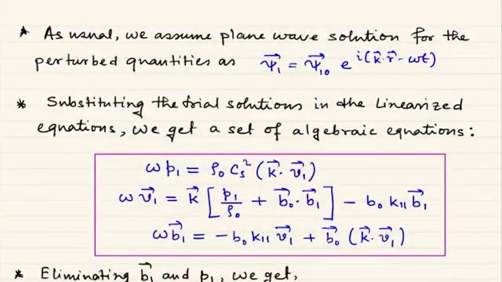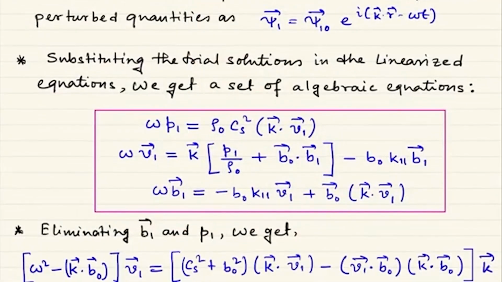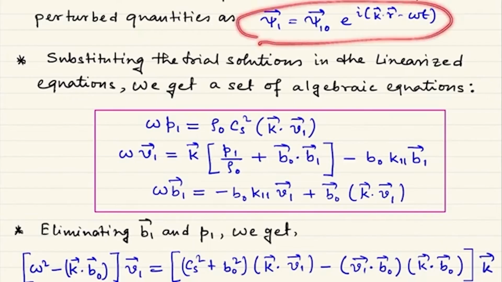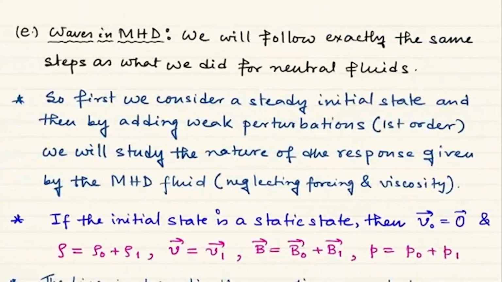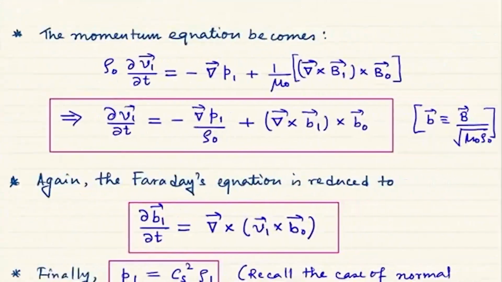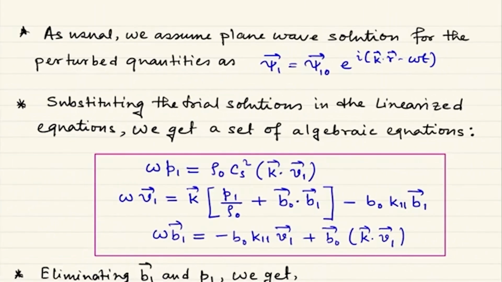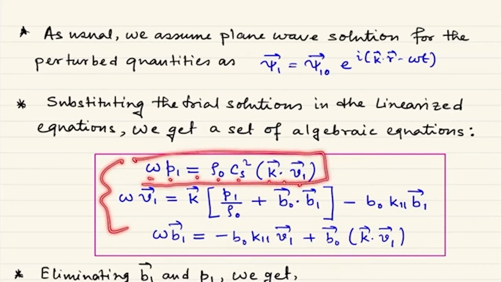Then finally you can substitute all these types of plane wave solutions in the previous equations, that means this one, this one, this one, and this one, and finally you will get this thing. So omega p1 is equal to rho 0 cs squared k dot v1. Now this one can be obtained from the continuity equation.